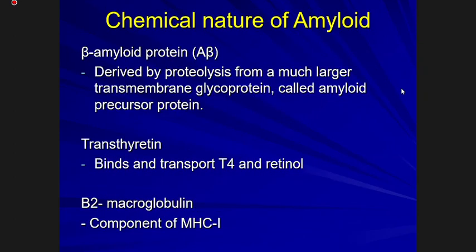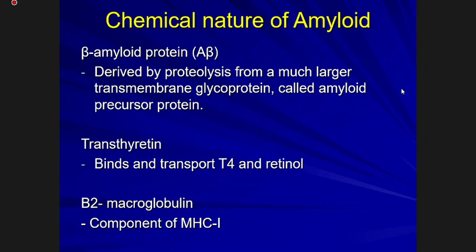The beta amyloid protein or the A beta protein derives from a precursor protein which is a transmembrane glycoprotein called amyloid precursor protein. So those are the three major types of amyloid protein, and others are the transthyretin.